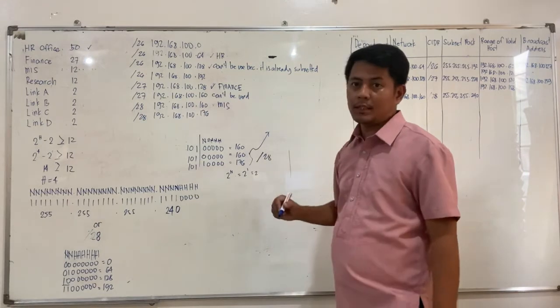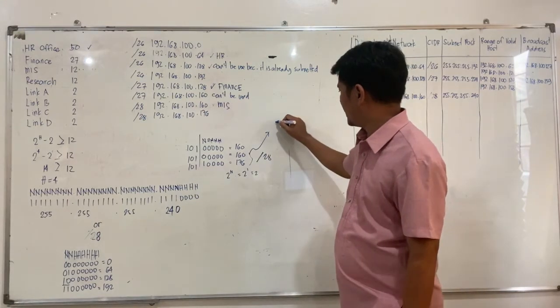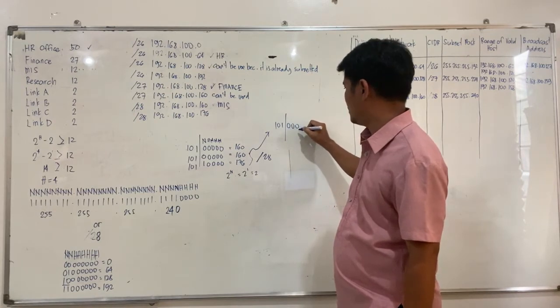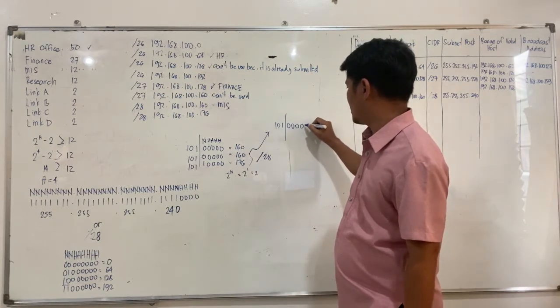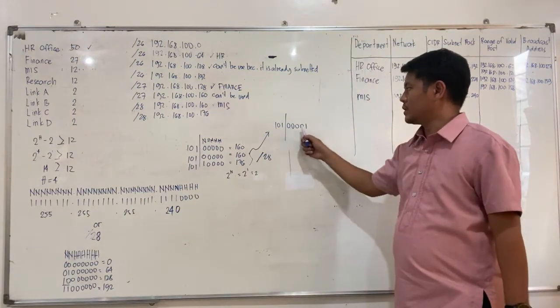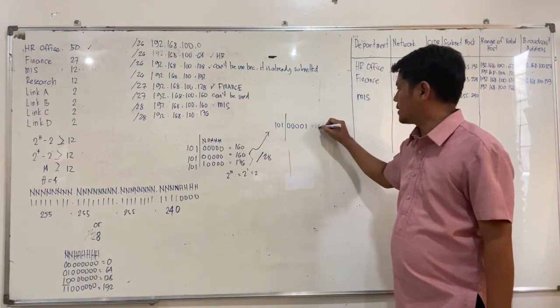So what is our first valid host here? We have 1 0 1 0 0 0 0, and the first valid host is 160 plus 1, which is 161.